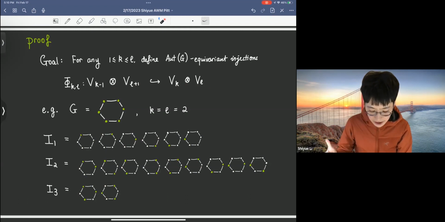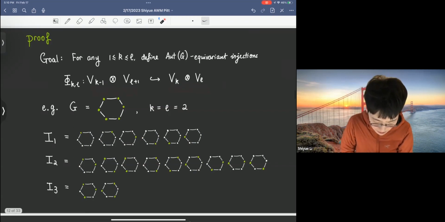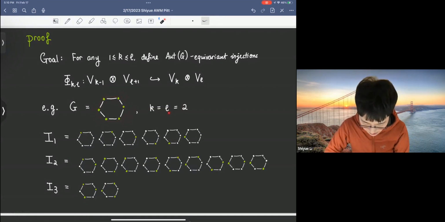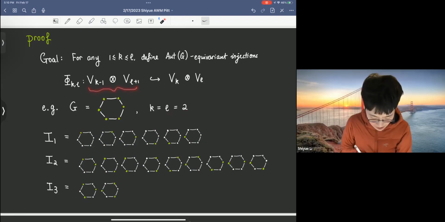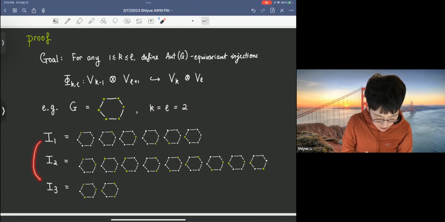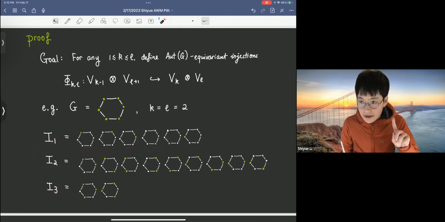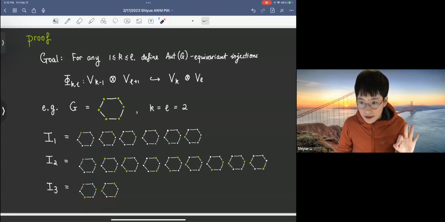So let's look at the relevant bases of these two vector spaces. Suppose my G is this 6-cycle graph, and suppose I take K equals L equals 2. This vector space will be spanned by pairs of independent sets that have cardinality 1 and cardinality 3. Those are the independent sets with exactly 1 vertex, and these are the independent sets on this graph with exactly 3 vertices.